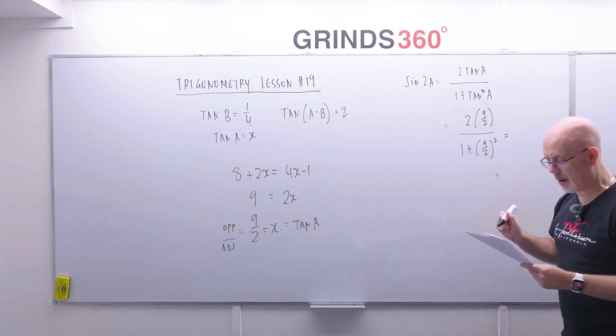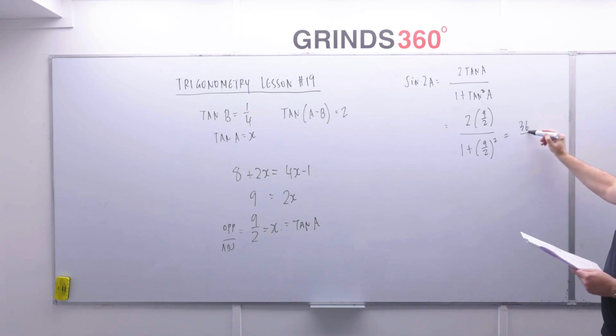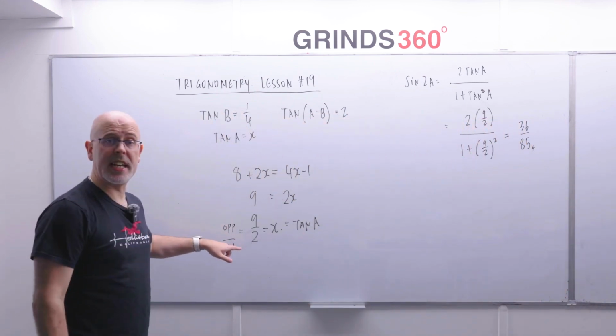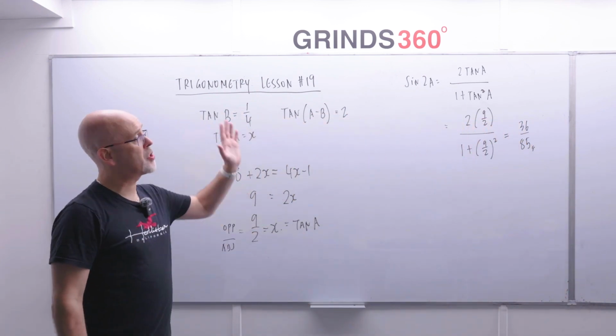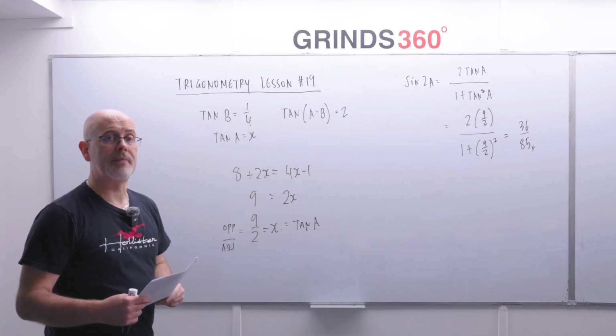That comes out at 36 over 85 in my calculator. It's the very same answer I would have got the other way, using the right-angled triangle to find the hypotenuse and then using sine 2A equals 2 sine A cosine A.